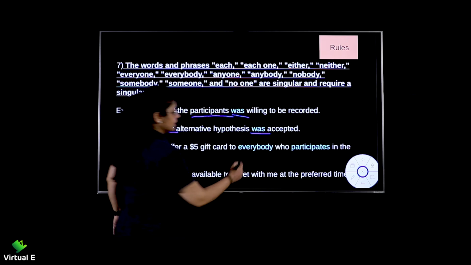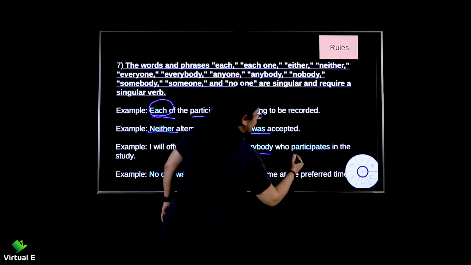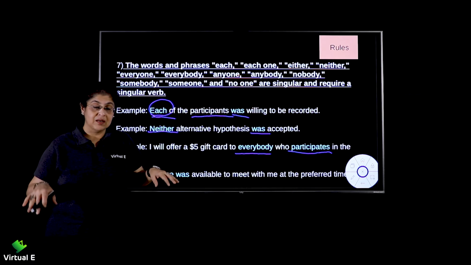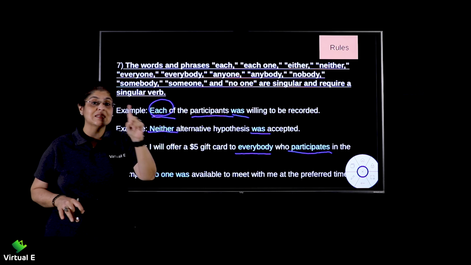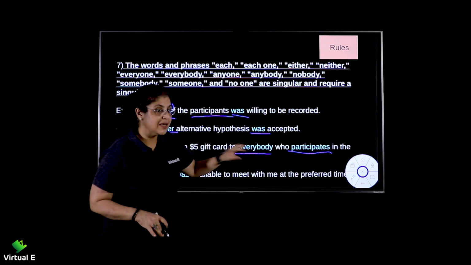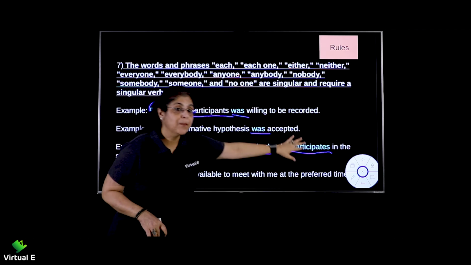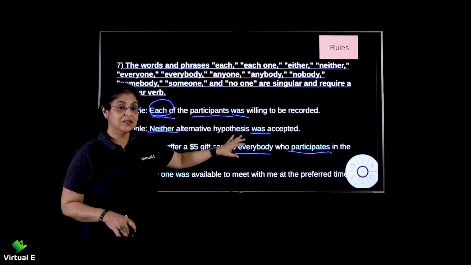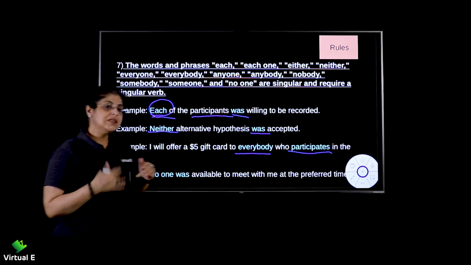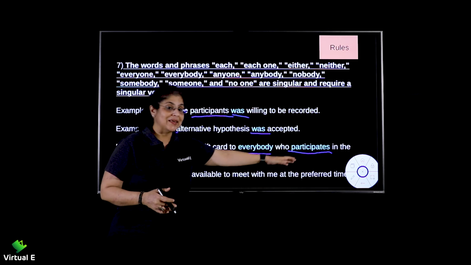Now, very smartly put. Everybody participates. Everybody is everybody, but it is taken as singular, right? So please don't get mistaken here. Everybody participates. Now here this is singular. Our verb is also in the singular, as in it will take an S.